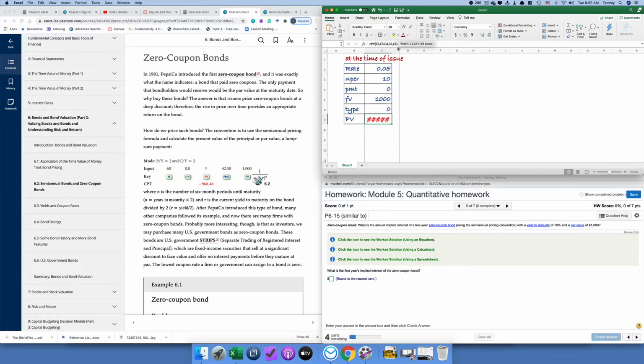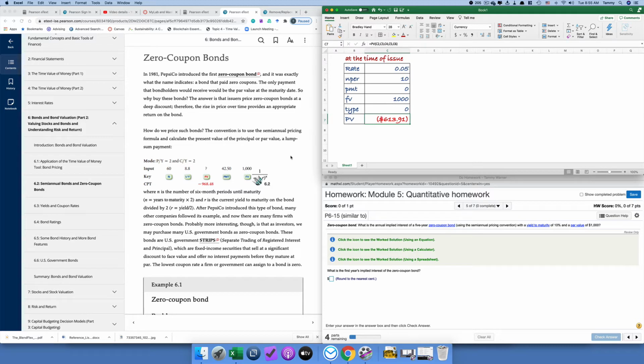So at the time of issue, it is $613.91. And remember, our future value and present value have to be opposite.